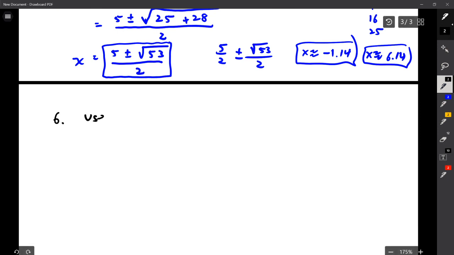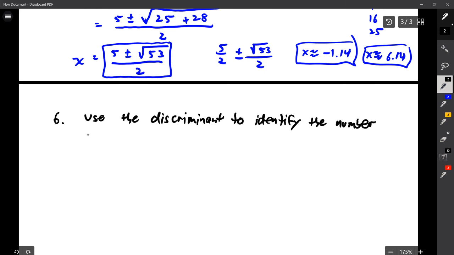It says use the discriminant to identify the number and nature of the roots of x squared plus 4x plus 5 equals 0.